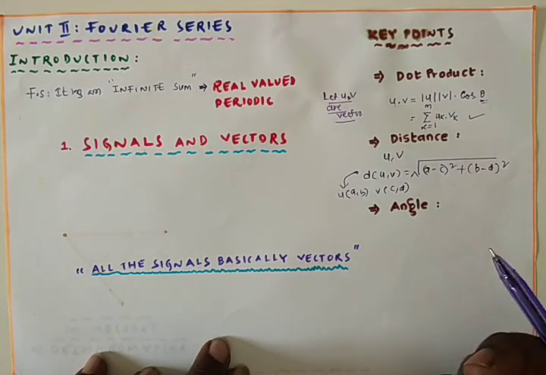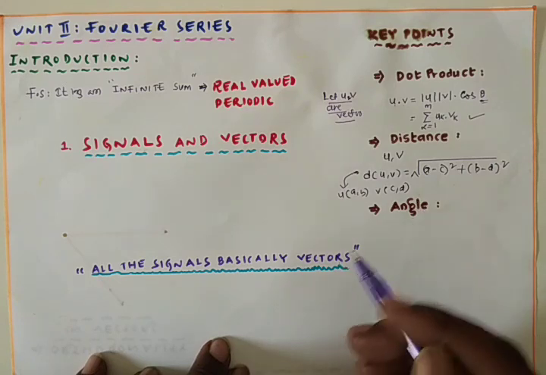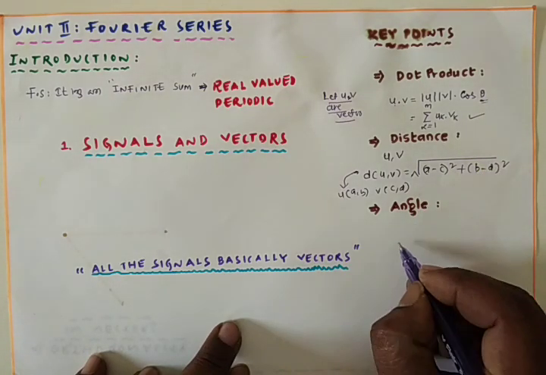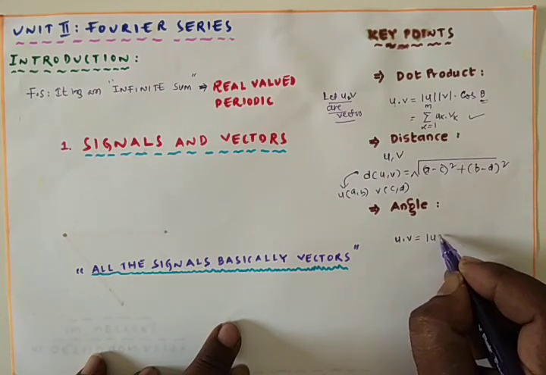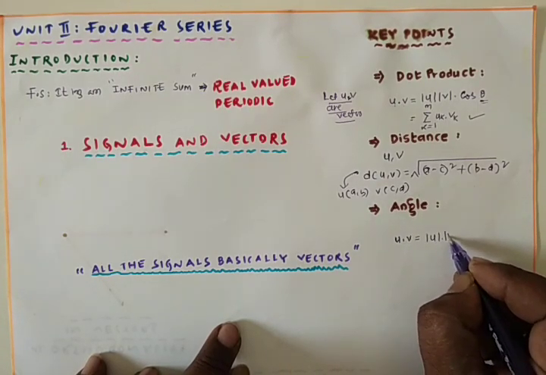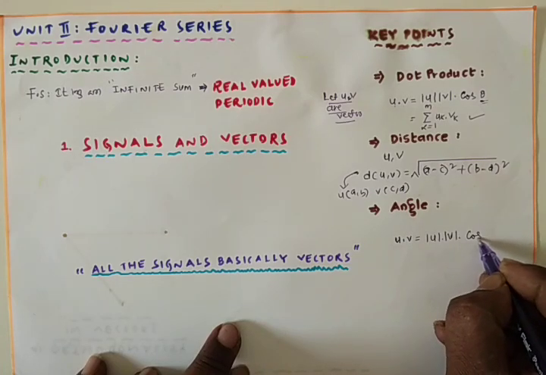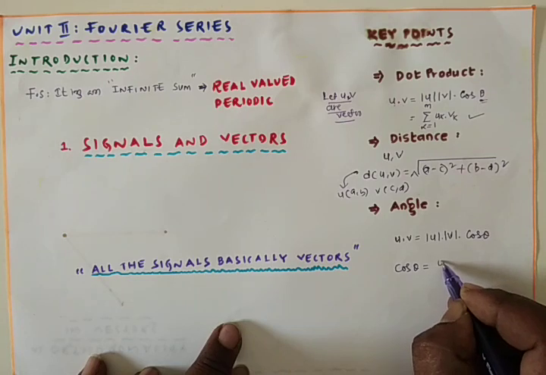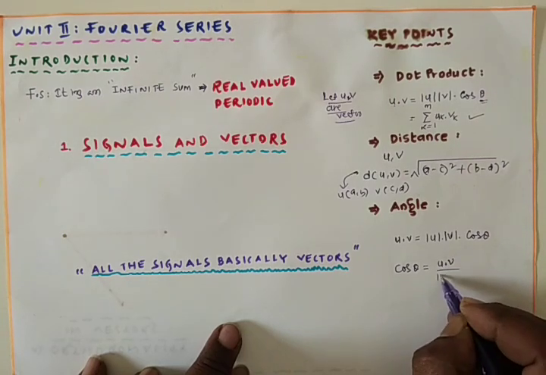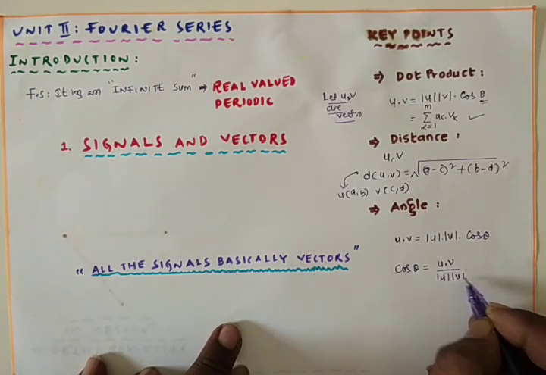Then the angle between the two vectors, from the dot product we can write, that is what? u dot v is equal to modulus of u into modulus of v into cos theta. From this, cos theta is equal to u dot v by modulus u into modulus v.